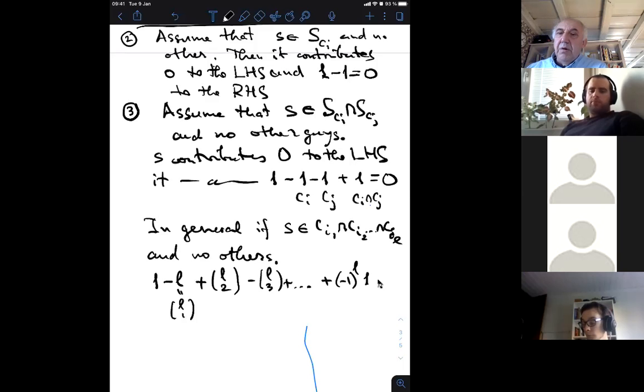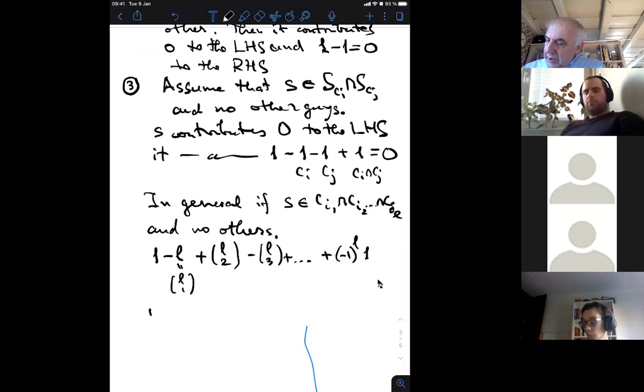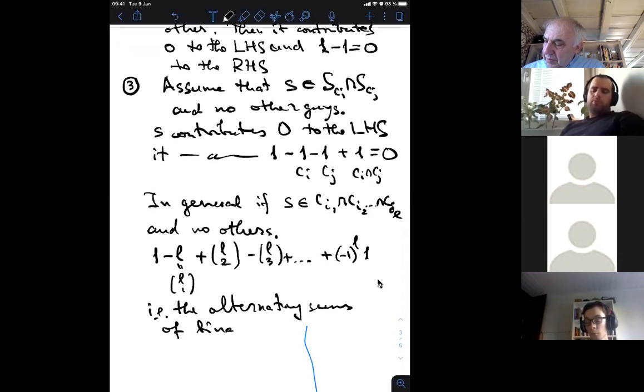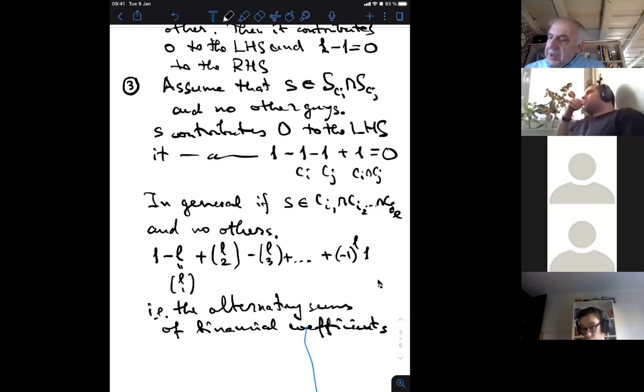So this would be the alternating sum of binomial coefficients, L choose something.